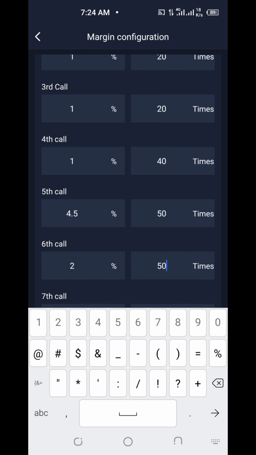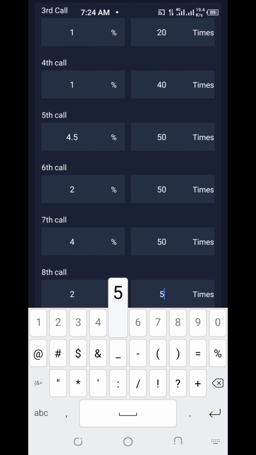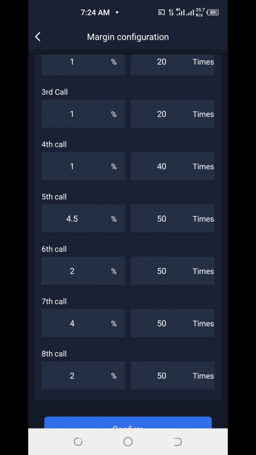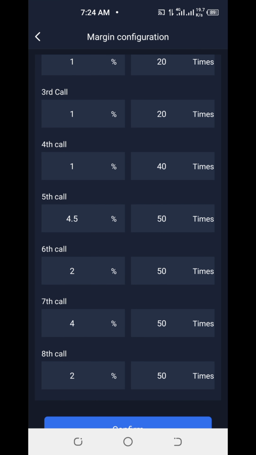Buy me 50, buy me 50. I'm not really calculating. You calculate it according to the money that you have, but I'm just using this for example. Okay, so if it buys you 50 coins at 4.5, let's just do a quick calculation. 50 coins times 15, that's $750. So if it buys you $750, it means that trade is a trade on its own.